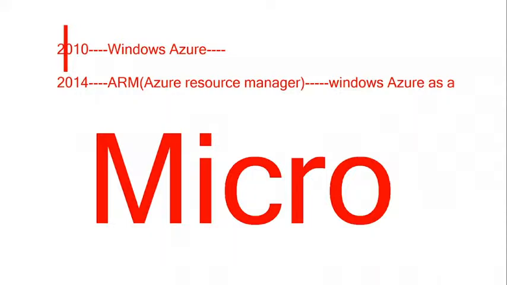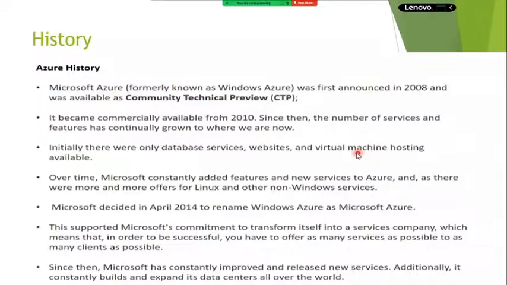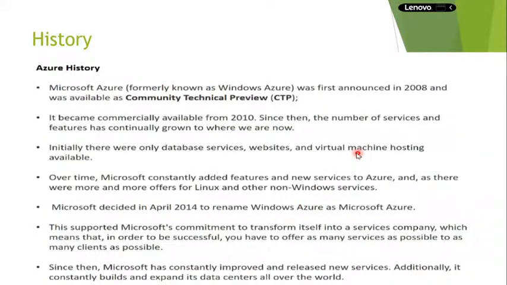Finally, now we call it Microsoft Azure officially in the market. So this is the one slide. In 2010 they introduced Windows Azure, and later in 2014 they renamed Windows Azure as Microsoft Azure. This is the history of Microsoft Azure.